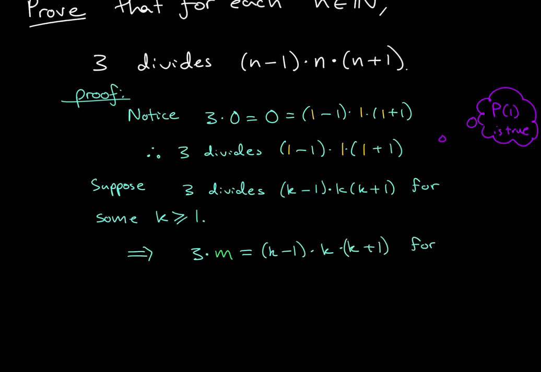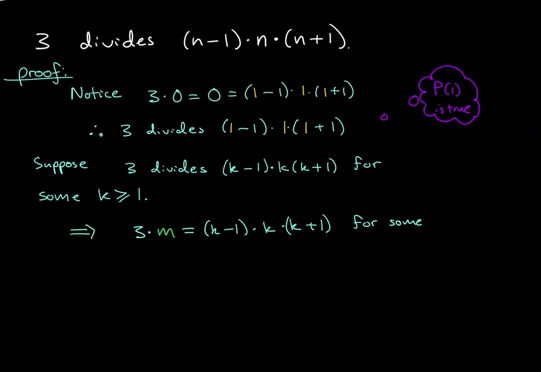So I'll write for some m, and m would be an integer here. Then what I want to do is show that 3 also divides this object when I replace all the k's with k plus 1. So what I'm going to start with is this.